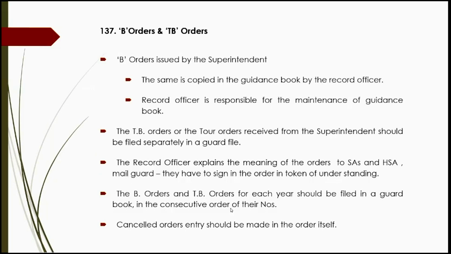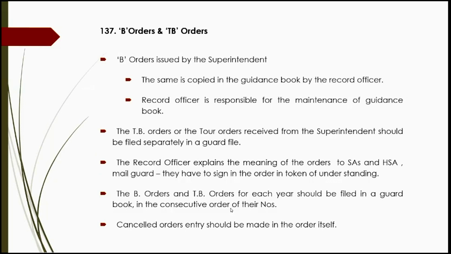Every other order that is not concerned with the changes of a sorting list is called a B order. That is also issued by the superintendent. So now in this we are seeing about B order and TB order.